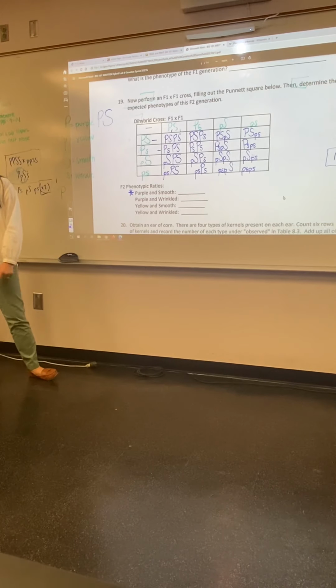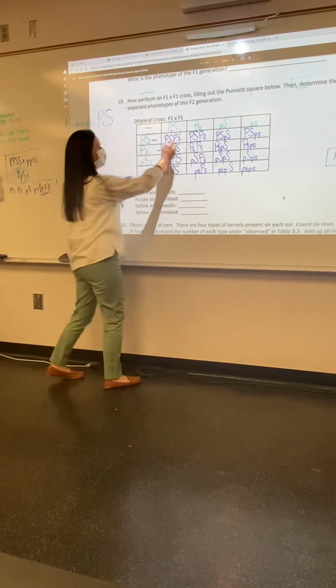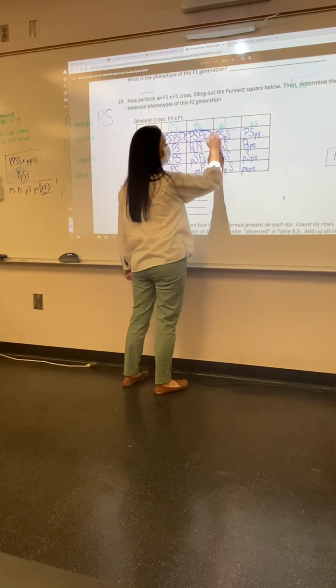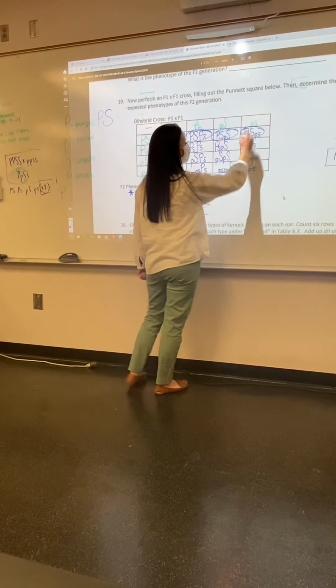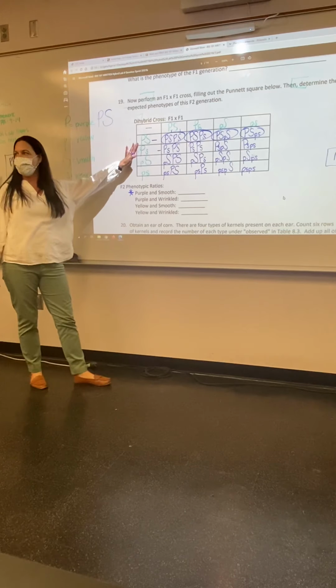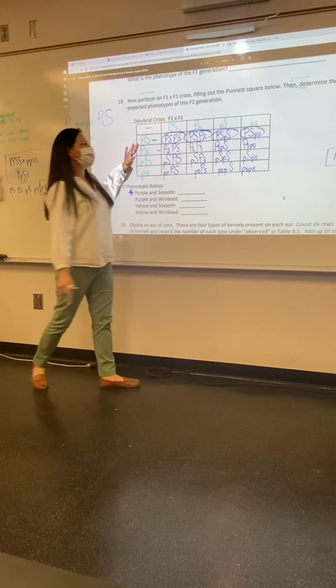They're going to trump. You see a P and an S together, you circle it. First row, every single one of them, because the first row has a capital P and a capital S. First row's done.